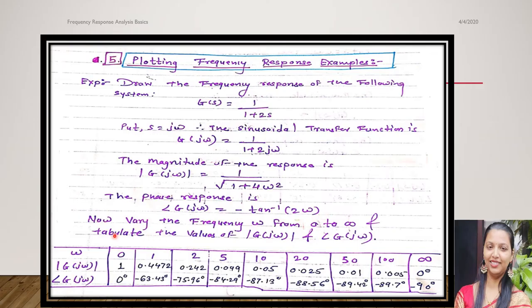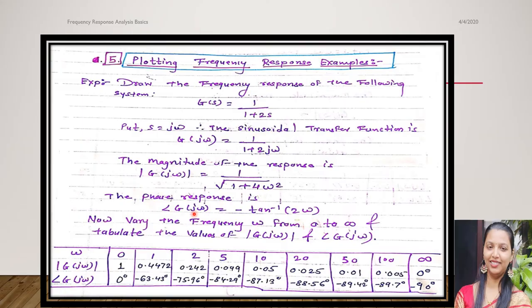Now we have to plot magnitude G(j omega) versus omega, known as the magnitude response, and a plot of angle G(j omega) versus omega, known as the phase response.